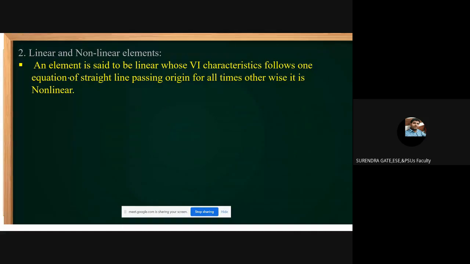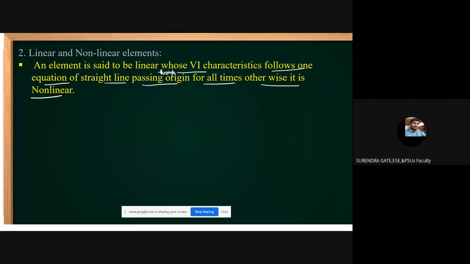An element is said to be linear whose VI characteristics follow only one equation of straight line passing through origin, for all times. Otherwise, it is non-linear. Very important statement. Students, please concentrate.